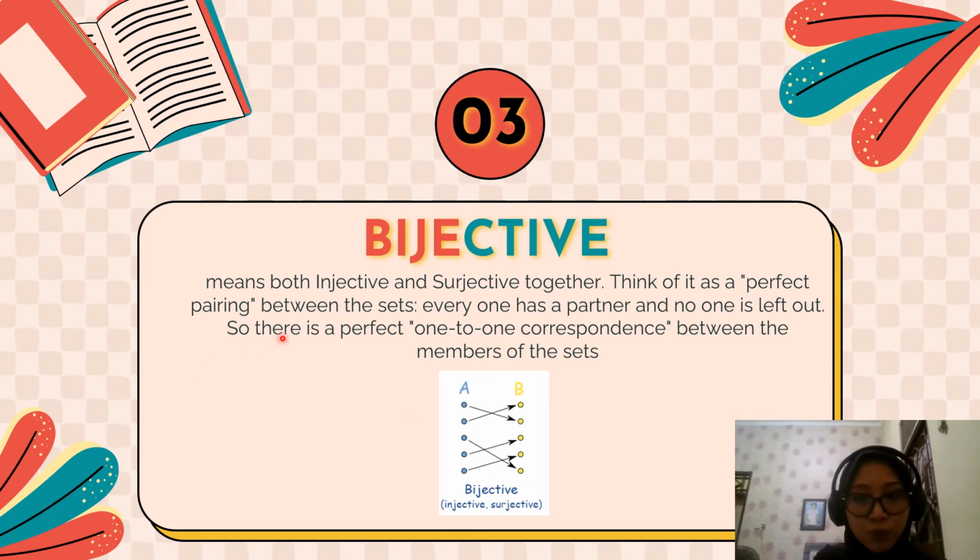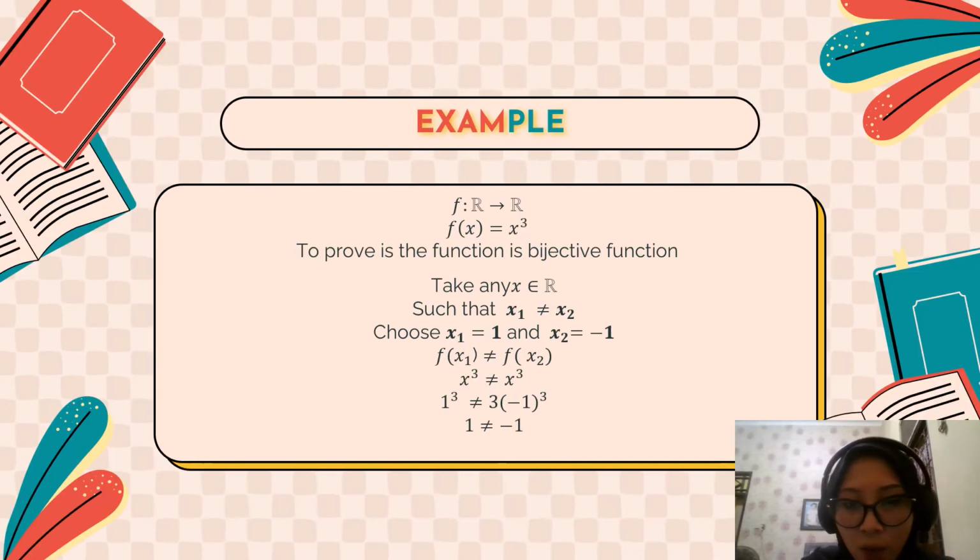So let's move to the example. We have this function f(x) equals x to the power of 3. To prove this function is bijective, we have to prove that the function is injective and surjective. In my opinion, we should prove the injective first because it's the easier way.